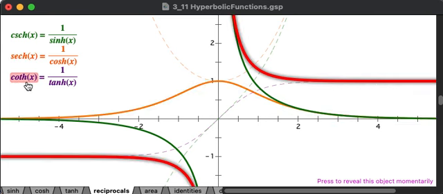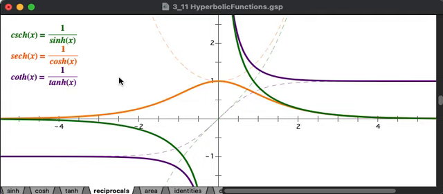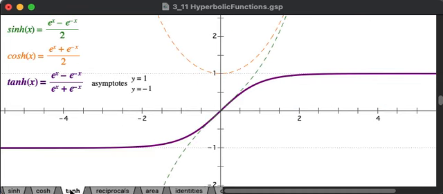The hyperbolic cotangent is 1 over hyperbolic tangent. And they're all based on these exponentials. It might seem a little strange that these are defined in terms of the exponentials, but we will see some bits of why they actually matter.